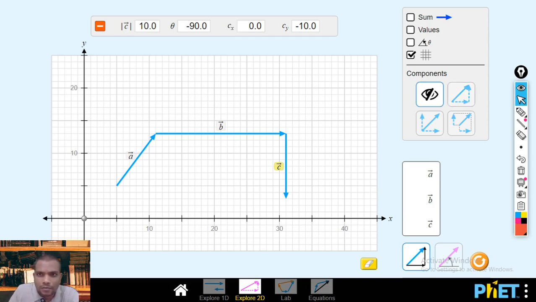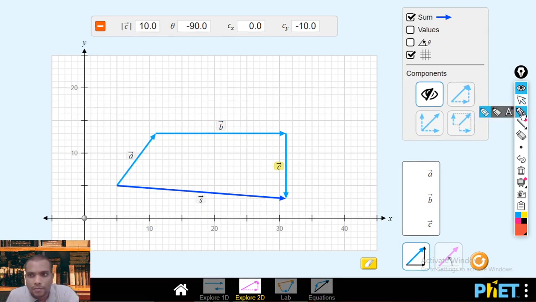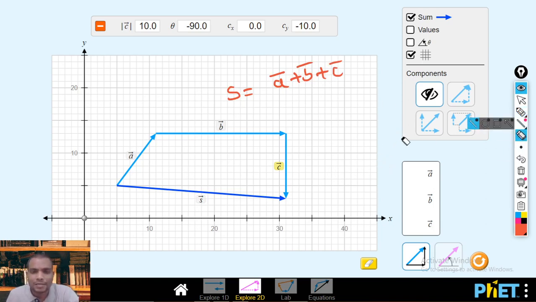Now let us take my sum. Here you can see the resultant s equal to, now three vectors are added, a bar plus b bar plus c bar. So we added the vectors by the head and tail method.